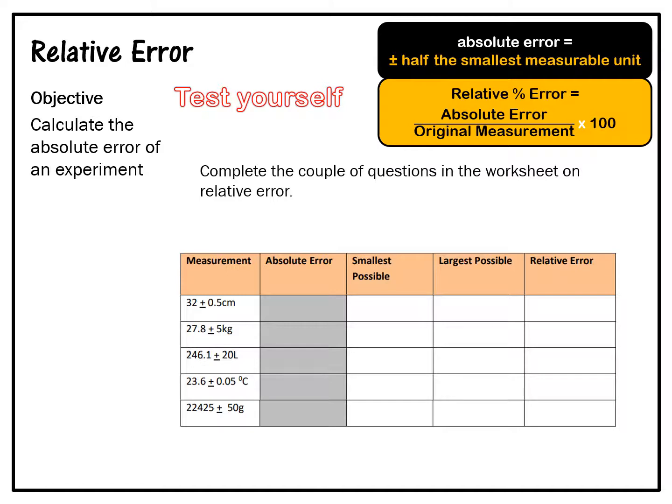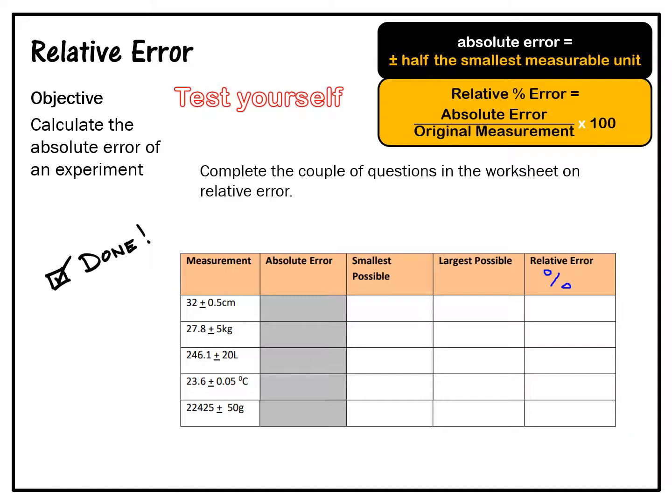I can get you to find the smallest possible value and the largest possible value, just like we did beforehand. But more importantly, I'm going to get you to calculate the relative error. And remember that the absolute error divided by the original measurement multiplied by 100 will give us our relative percentage error. And you can stick it in as a percentage, and if you do, you can include percentage in the title of this column as well. Or you can leave it as a decimal value.